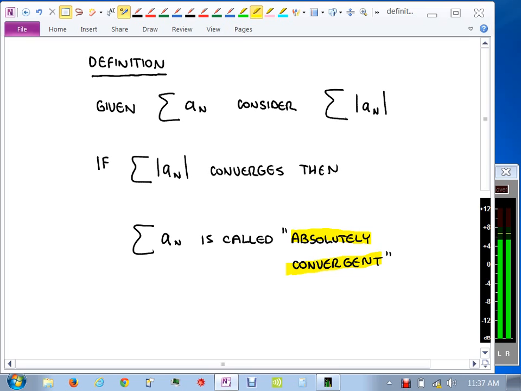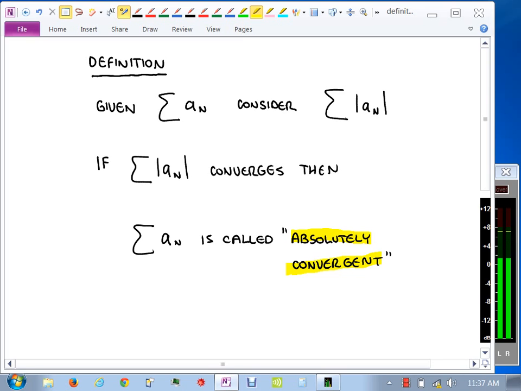Now, I remember when I first learned absolute convergence, I thought that absolute convergence meant this series converges all the time. It's absolutely convergent. I was thinking of the word absolutely to mean always, and that's not what it is.